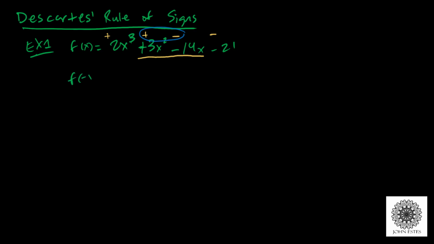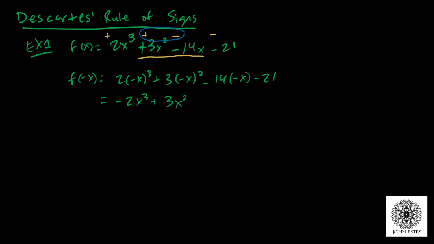Okay, so let's try this again. This time I'm going to plug in negative x. So I have 2 times negative x cubed plus 3 times negative x squared minus 14 times negative x minus 21. To simplify that, remember when I multiply a negative by itself an odd number of times, it becomes negative. So here I get negative 2x cubed plus 3x squared, right?